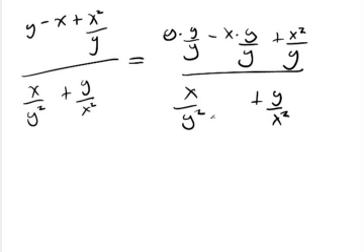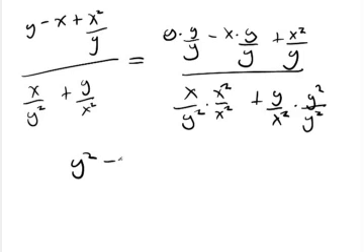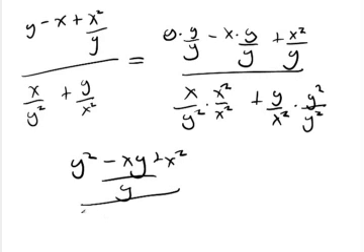In order to give each of these a common denominator with one another, we'll multiply x over y squared by x squared over x squared, and we'll multiply y over x squared by y squared over y squared. This will yield y squared minus xy plus x squared over y divided by x to the third plus y to the third over x squared y squared.